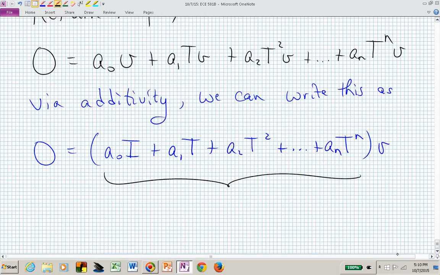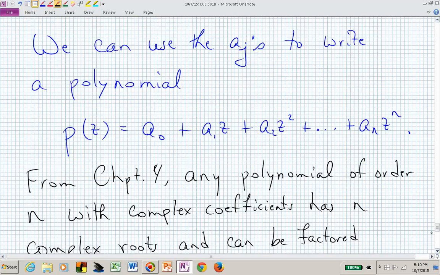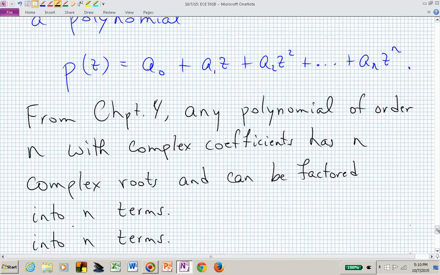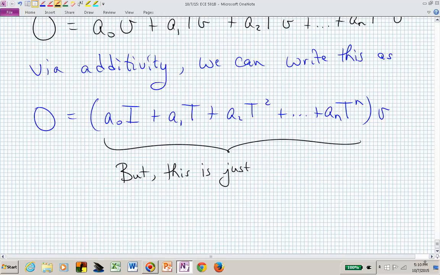But what is that? That is actually what we defined right here for P of t. If we put in t for z, we would have this expression. It's those coefficients weighting the appropriate map, which is in this case t.